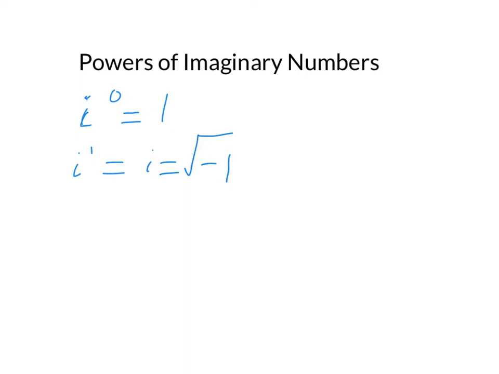The next one is the most important. i squared. So that's going to be the square root of minus 1 squared. Now a square root and a square always cancel each other out when they're written like this. So we're just left with minus 1.